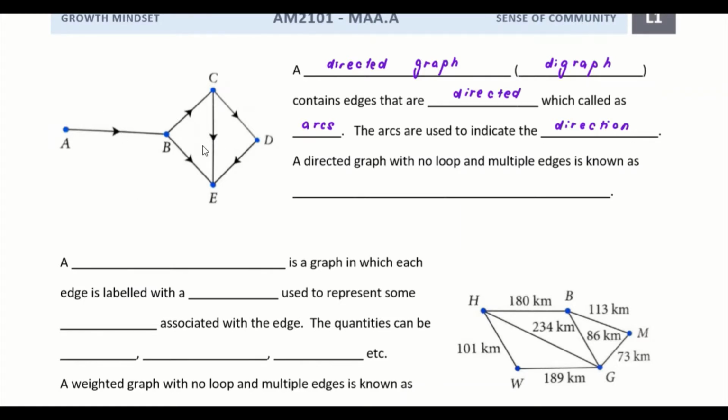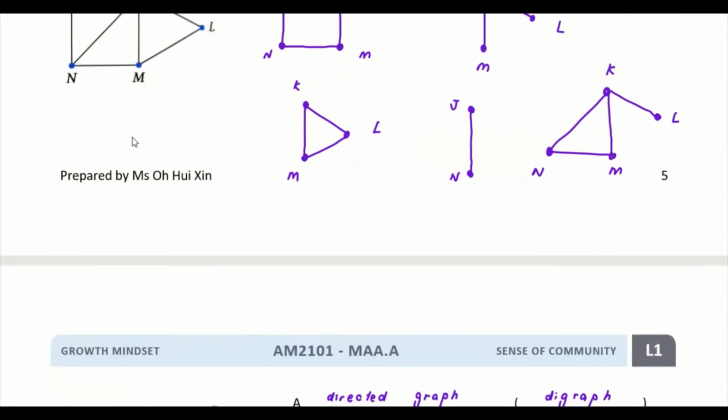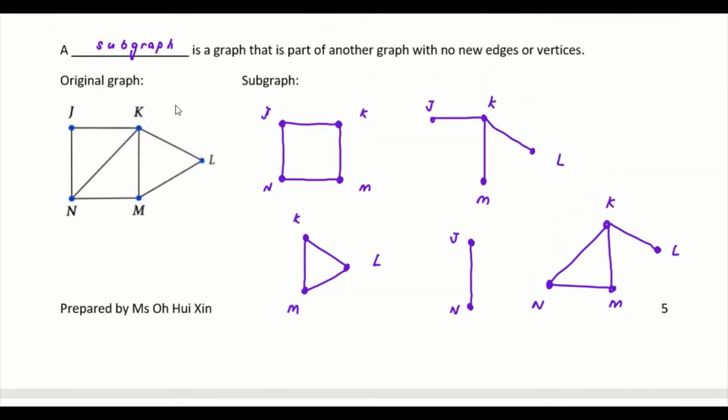So what is the difference between having the arrow and not having the arrow? When we talk about a simple graph, for example when we look at this graph here, if there is no direction, then you are able to go from J to K or from K to J, and they mean the same thing.